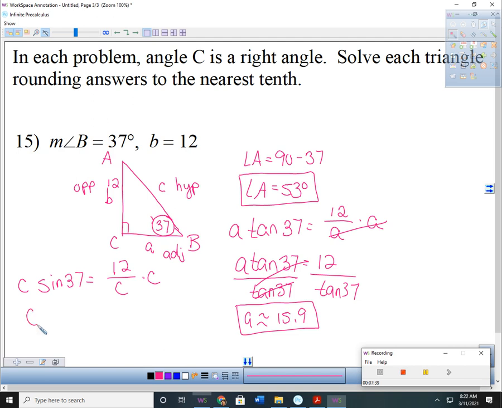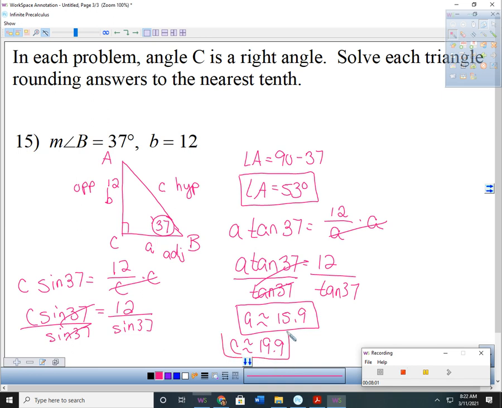So I have C sine 37 is equal to 12. Divide by sine 37. And C is approximately 19.9.